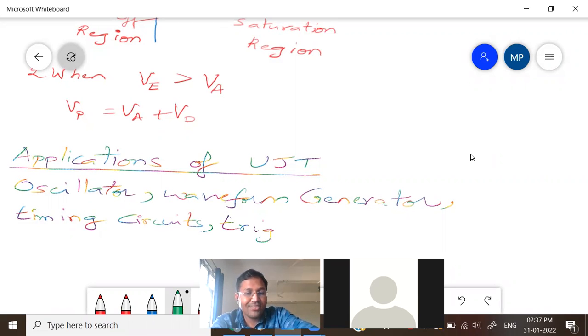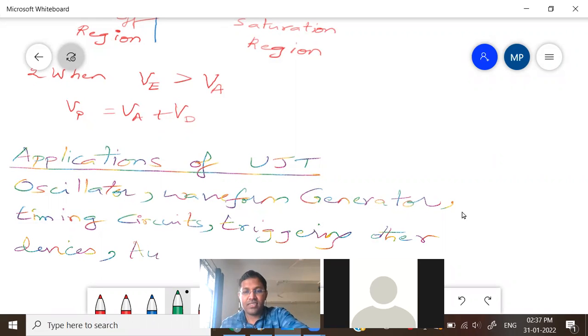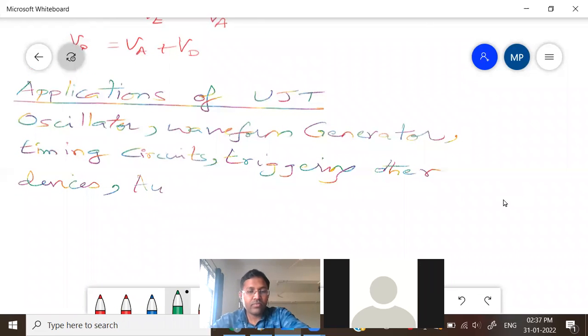The next application is that you can use it as a trigger for other devices. For example, if you want to turn on an SCR or any other device, you can use UJT as a triggering device. Another application is automobile ignition circuits.